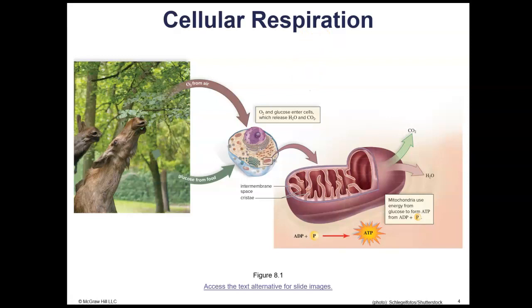So it's very important that you know that. Plants don't just carry out photosynthesis and that's it. After they produce the glucose during photosynthesis, they still have to break it down. That's why they have both mitochondria for carrying out cellular respiration and chloroplasts for carrying out photosynthesis.